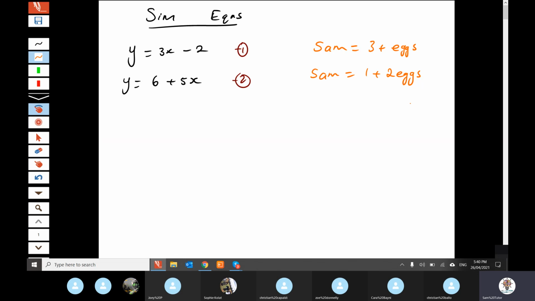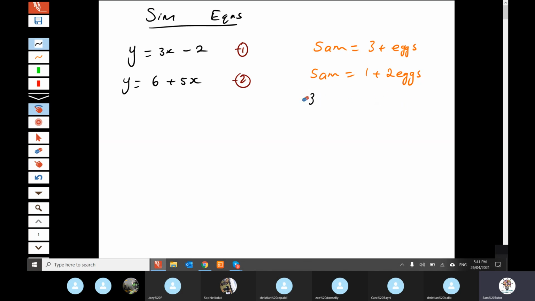Right, no, won't work like that. The only thing you should be able to conclude from an equation like that is that Sam's the same in both. That's the only thing you can conclude. So that means these two equations must also be the same. So what you can write is 3 plus eggs is equal to 1 plus 2 eggs. That's the only thing you're actually allowed to write from that.